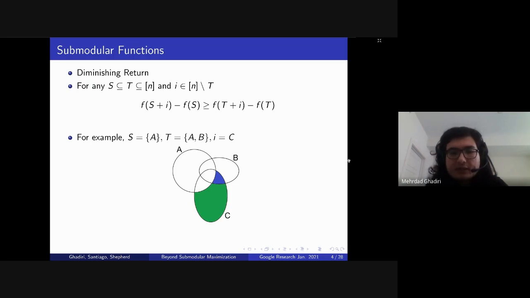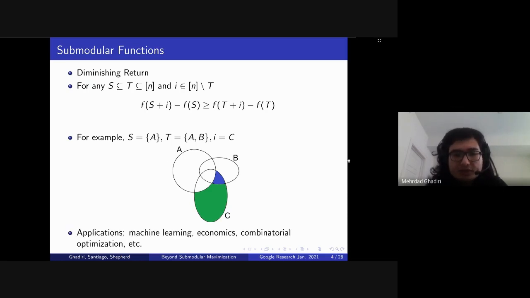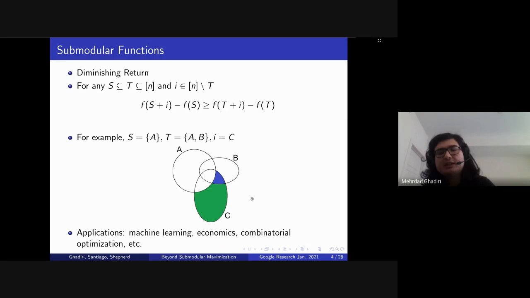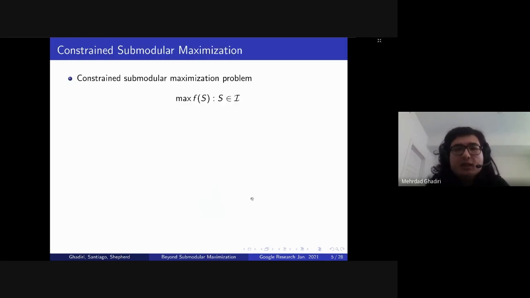The marginal gain of adding element C to just element A is the green area and the blue area, but the marginal gain of adding C to A and B is just the green area. So these coverage functions are submodular. Submodular functions in general have a lot of applications in machine learning, economics, combinatorial optimization, and many other areas.